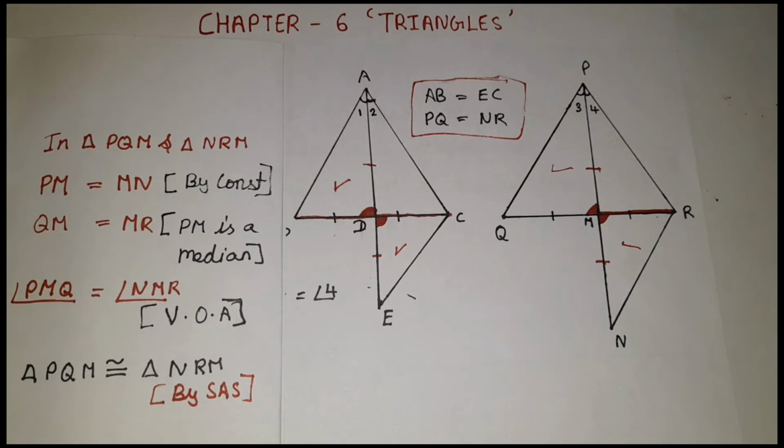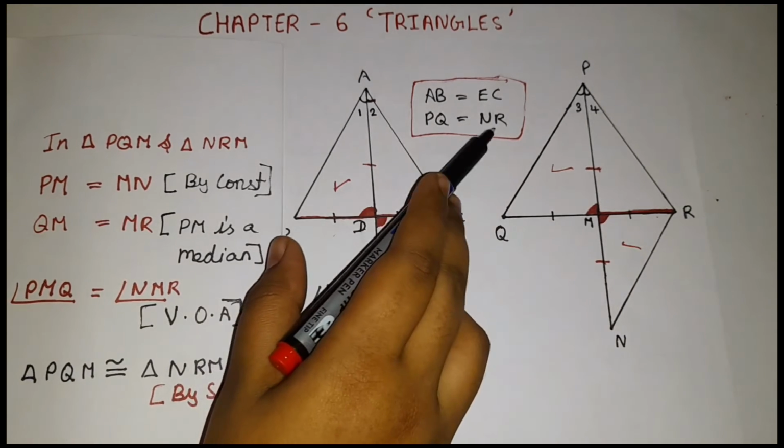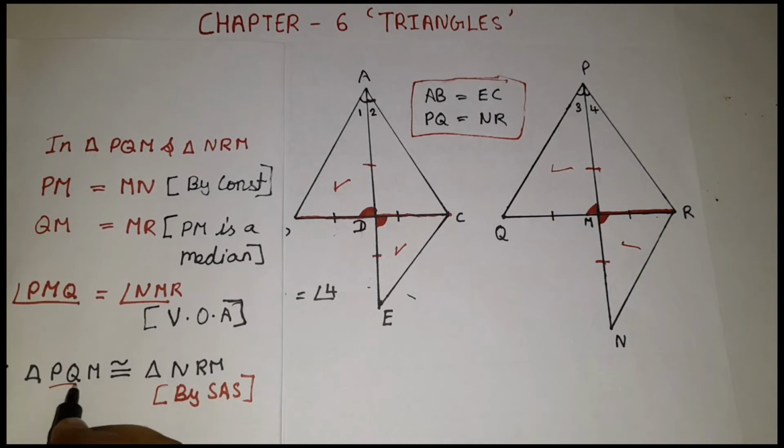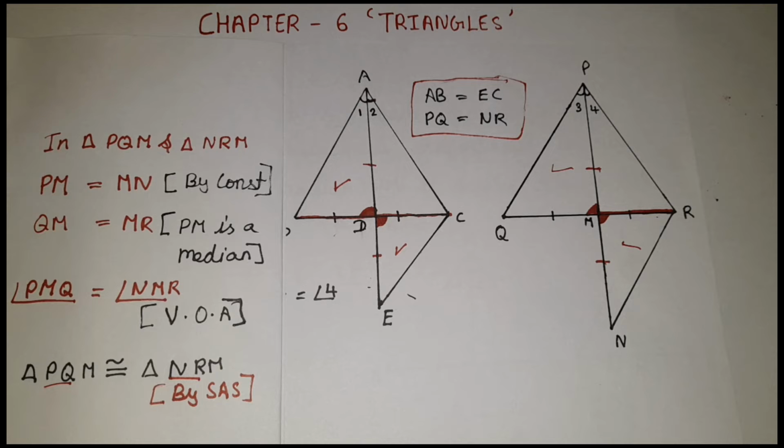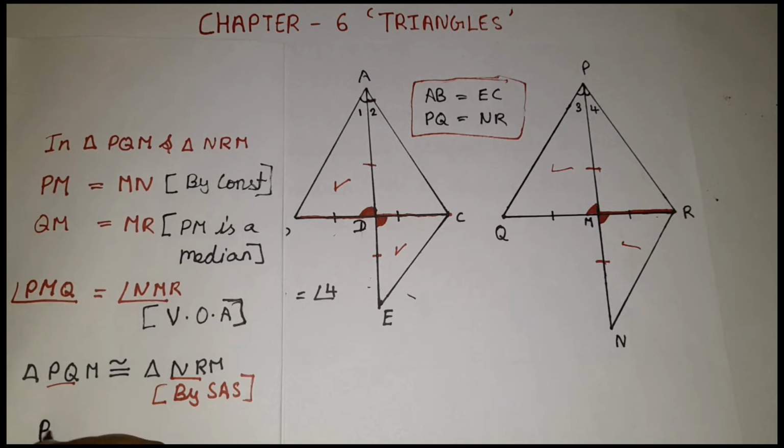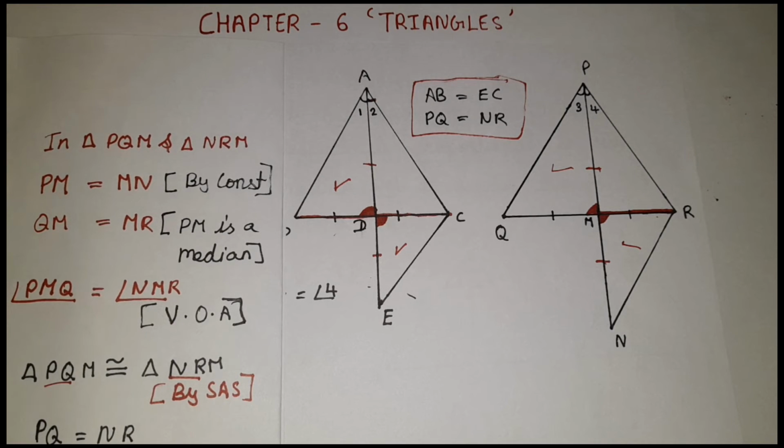Now what is the use of proving it is congruent? Because we want PQ is equal to NR. So PQ is here and NR is here. Then I can say PQ is equal to NR. To write this, we write by CPCT.